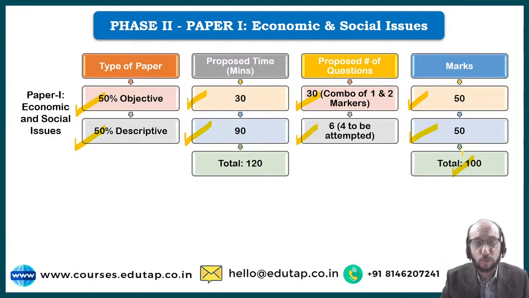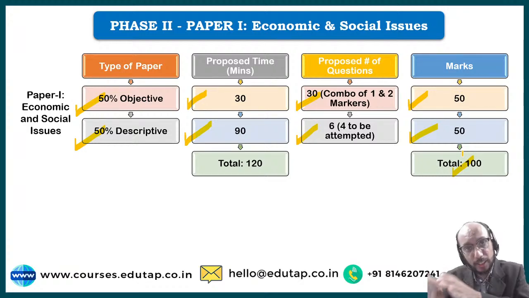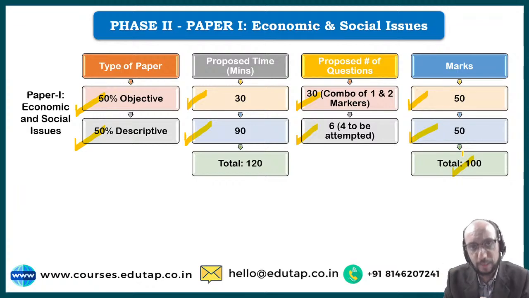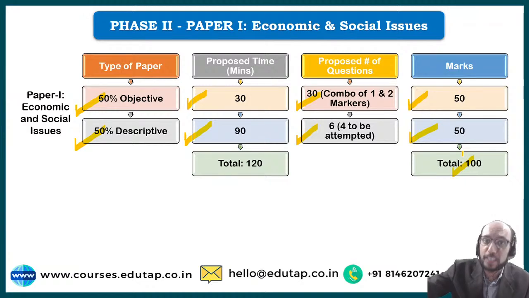You should integrate. One of the students that I was speaking with, a good friend of mine, told me that he's trying to integrate whatever he's reading in current affairs with the descriptive answer writing part of the syllabus. For example, if you are reading health related schemes, you should be able to write the names of these schemes or the objectives of these schemes in your actual question related to health in mains answer writing.